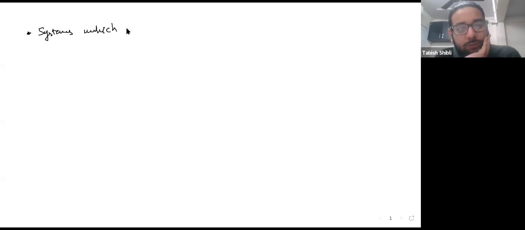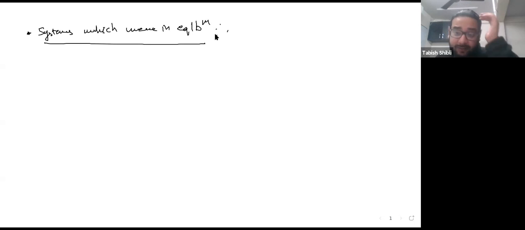Right now, what we were talking about were systems which were in equilibrium. All that we've written right now, even if there is a heat transfer such that in the first law, or even if you look back at the zeroth law, we were only talking about systems that were in equilibrium.